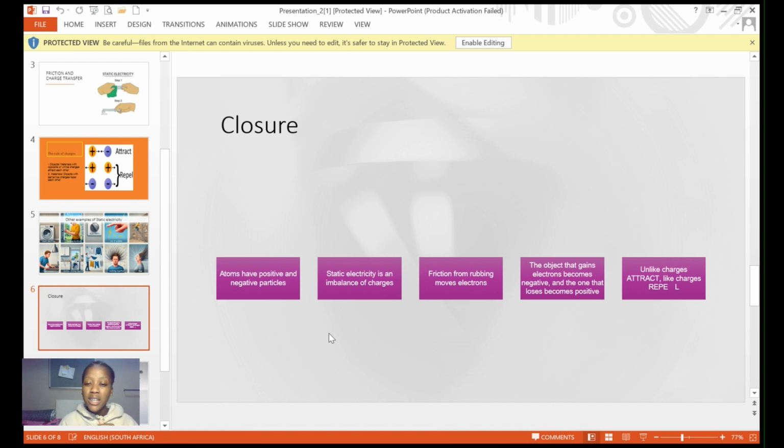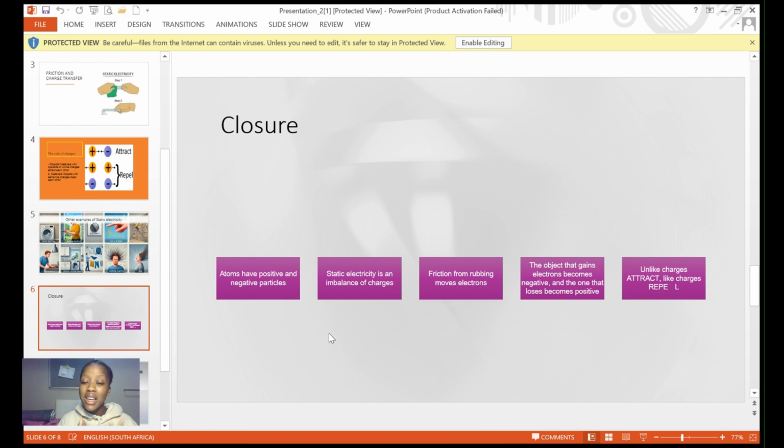Again, friction from rubbing moves electrons. Remember when we started, we said that for electrons to move from one object to another, they need what? Friction. Rubbing needs to occur in order to cause friction. That's when the electrons will be able to move. Then the object that gains electrons becomes negative, and the one that loses becomes positive.